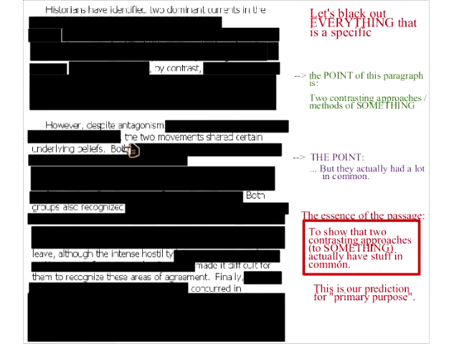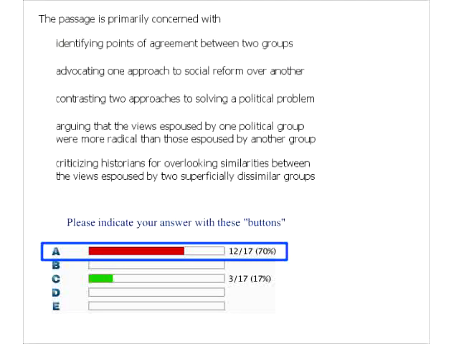So despite antagonism, the two movements shared underlying beliefs. They both did this, they both did this, they concurred in this. This is the majority of the passage. So if you say that the point was to contrast the two approaches, then you're missing that huge, huge emphasis.